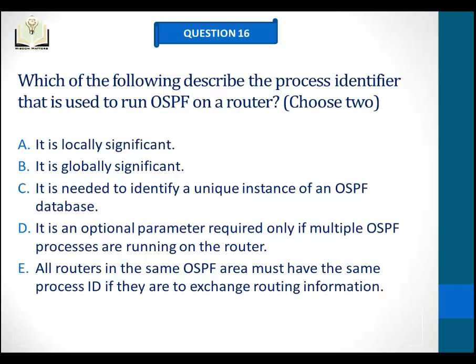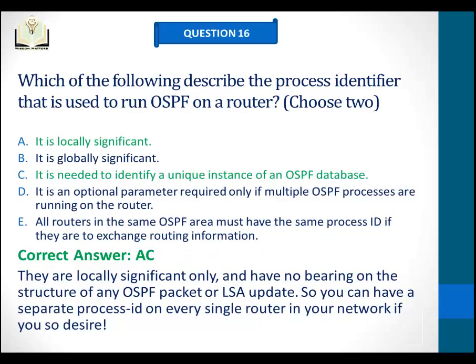D. It is an optional parameter required only if multiple OSPF processes are running on the router. E. All routers in the same OSPF area must have the same process ID if they are to exchange routing information. And the answer is A and C. It is locally significant. It is needed to identify a unique instance of an OSPF database.